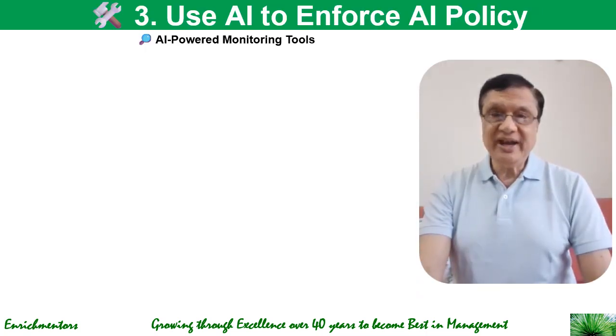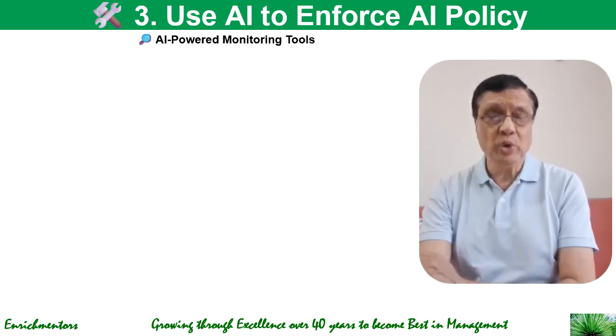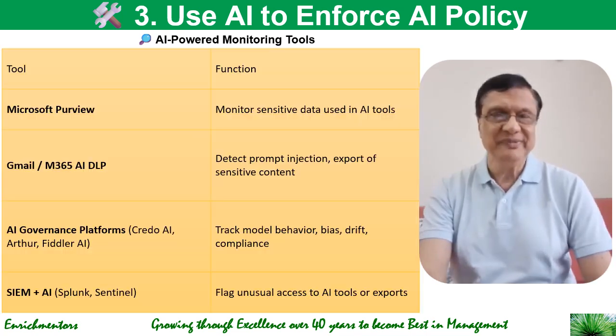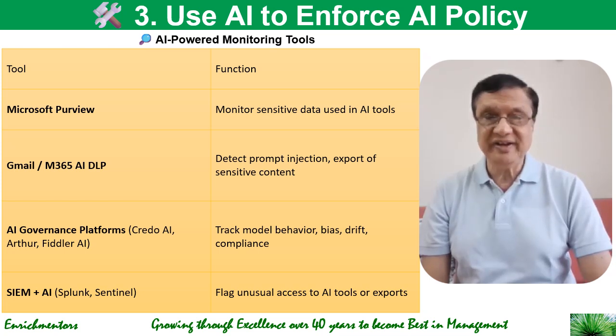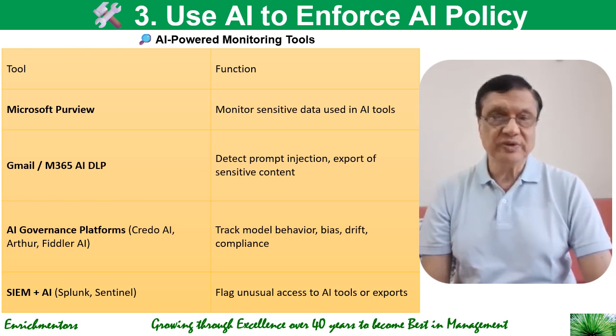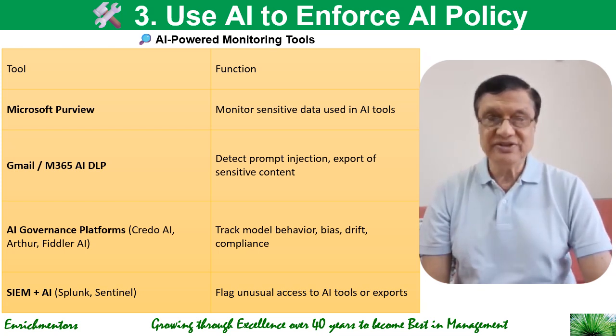Then you use AI to enforce the AI policy, and there are AI powered monitoring tools you can use for this purpose. What are these tools? Let us take a look at them. So you could use Microsoft Purview. It can monitor sensitive data used in AI tools. You can use Gmail and M365 AI DLP to detect prompt injection and export of sensitive content.